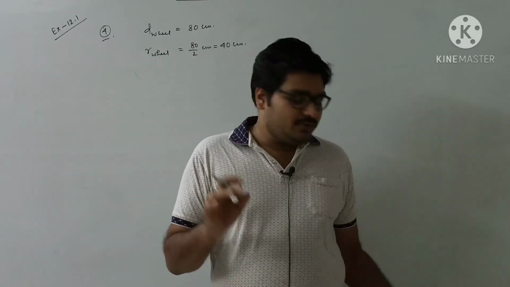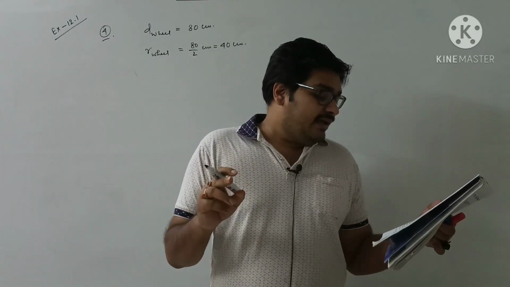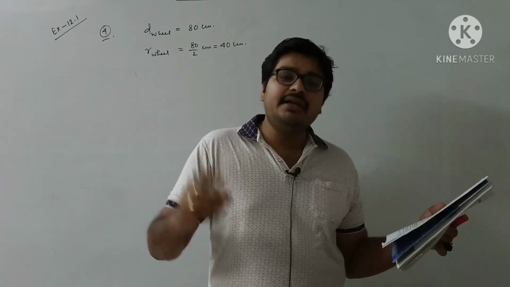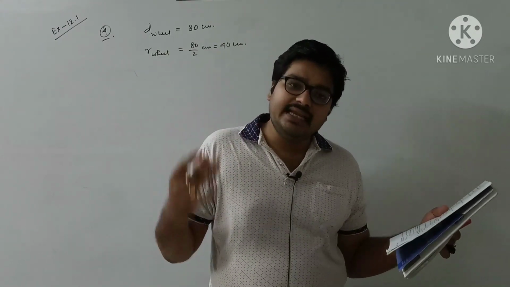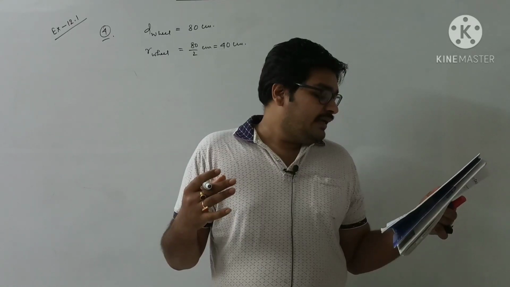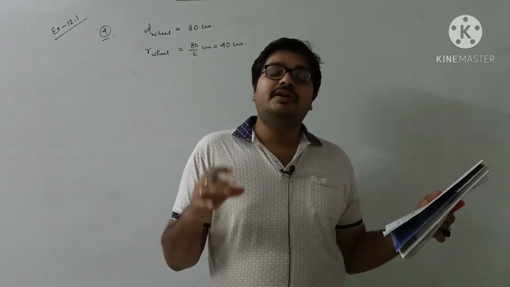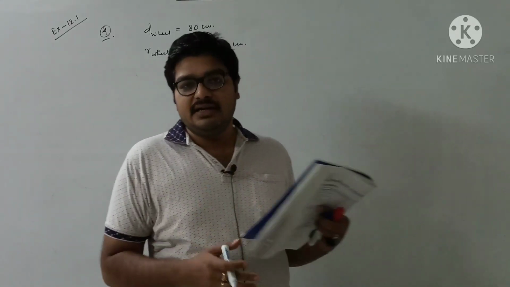But another thing has been told in the question: you have to find how many complete revolutions the wheel has taken if the car has moved for 10 minutes and the speed of the car is given.